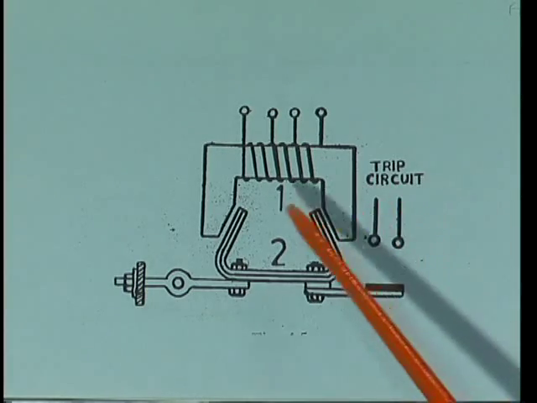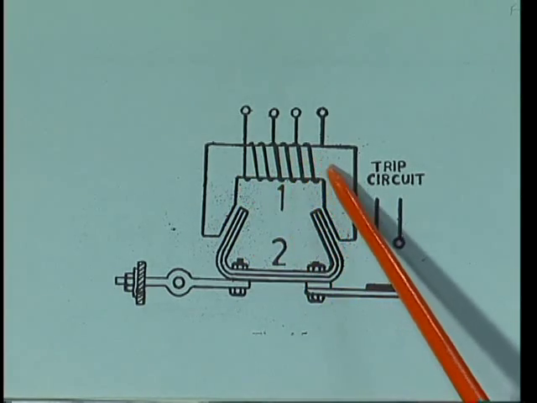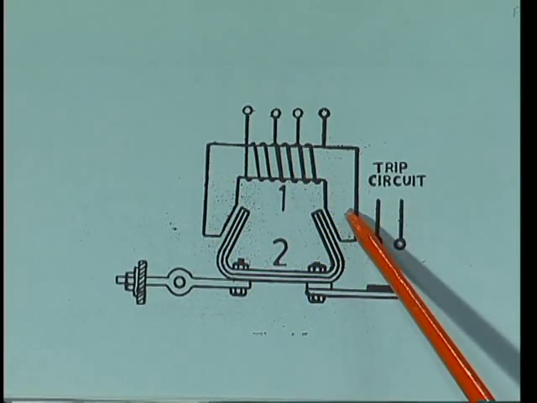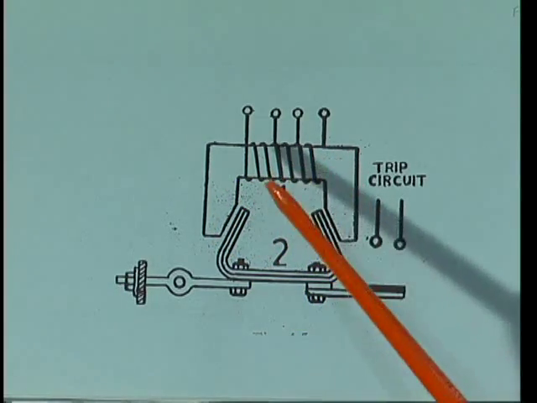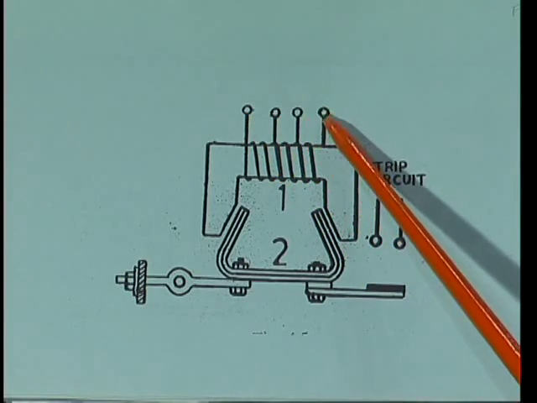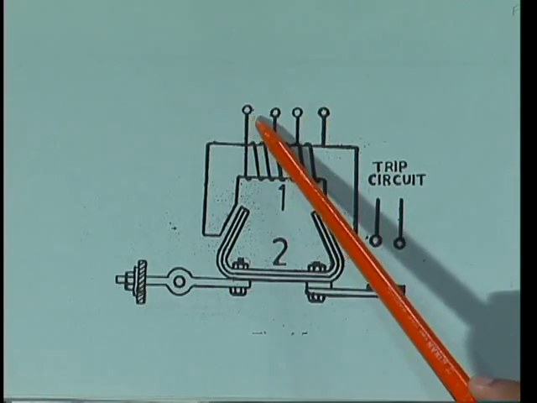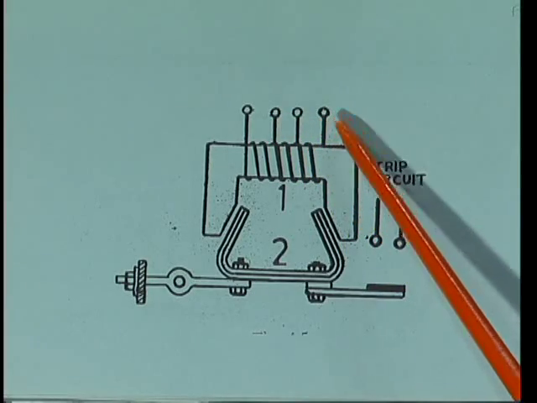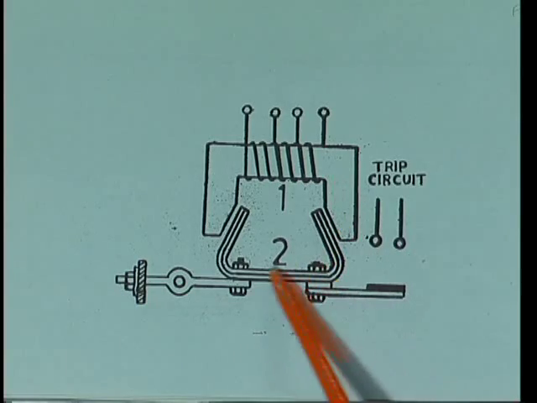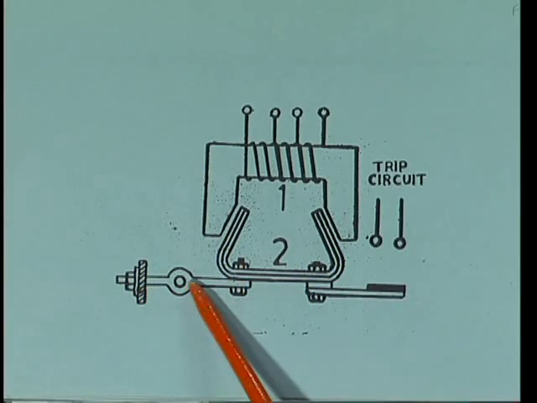It has one electromagnet. This is the core of the electromagnet, which is laminated, and the winding is wound on it. Many tappings are provided here. These tappings are provided for different current settings, and below the electromagnet there is an armature.